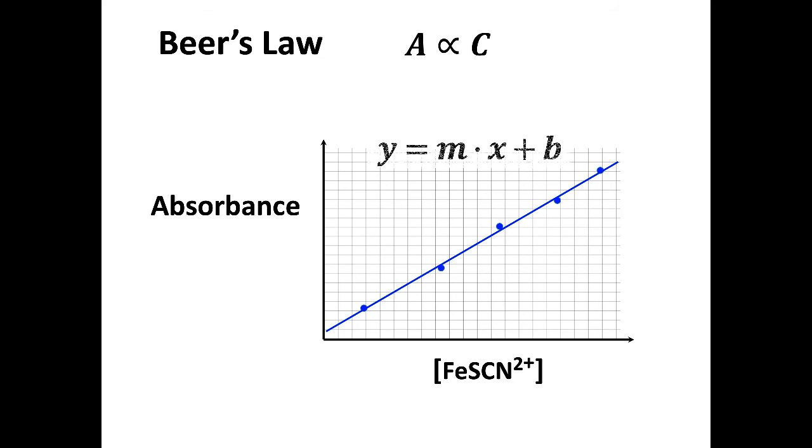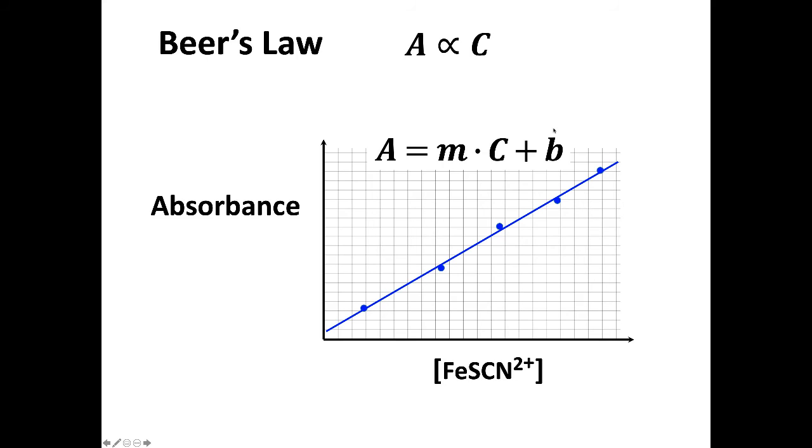And that straight line will have a slope, an equation of y equals mx plus b, where m is the slope and b is the y-intercept. And of course, for us, x is the concentration of FeSCN2+, and y is the absorbance. So this will really be A equals m times c plus b. And you'll get the equation of the line with the slope and with the y-intercept.